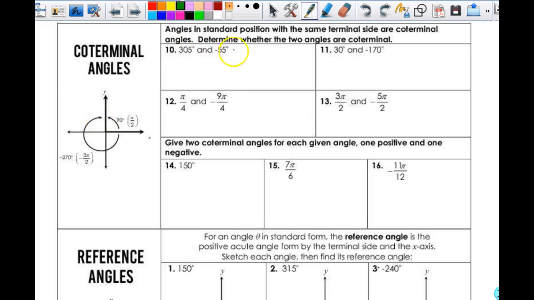So since this is positive and this is negative, and I want to know if they're coterminal, I can take this 305 and subtract 360. What's 305 minus 360? Negative 55. So we get negative 55 degrees, and so the answer here is yes.